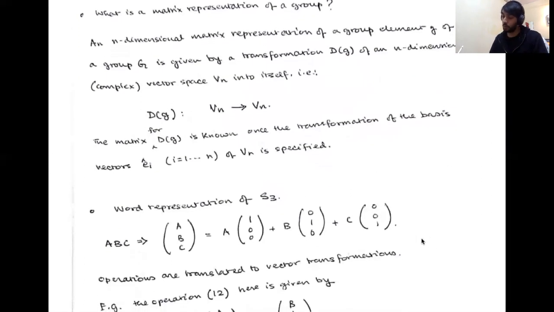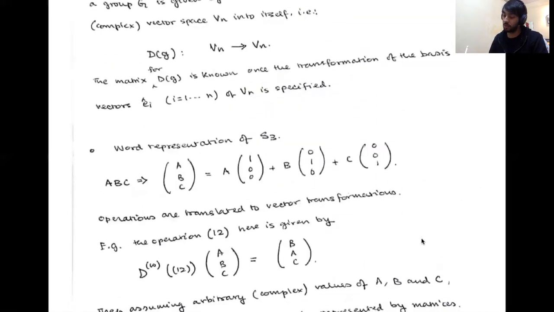So this is known once we know the transformation of the basis of Vn. Then we went on to try to understand the word representation for S3.